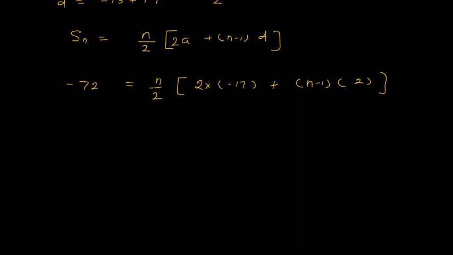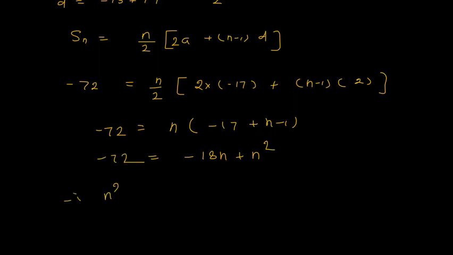So this will give me one quadratic equation. It is minus 72. Here I can take this 2 common, so the 2 will cancel. It will be n into, in bracket, minus 17 plus n minus 1. So this is minus 17 minus 1, which is minus 18, so it is minus 18n plus n square, and here it is minus 72. So therefore you have a quadratic equation, n square minus 18n plus 72 equal to 0.